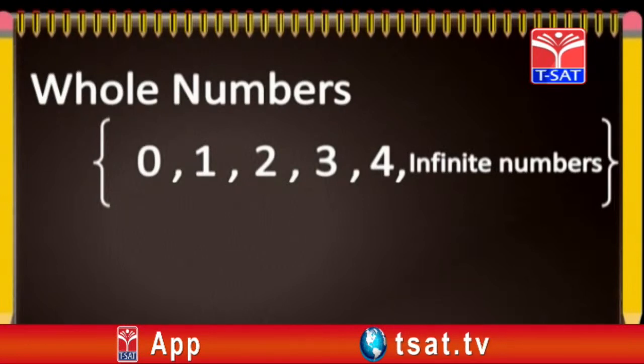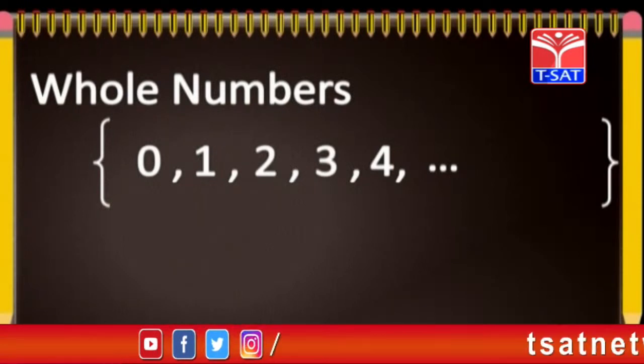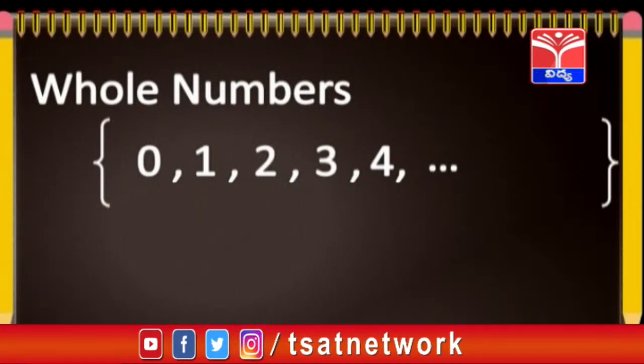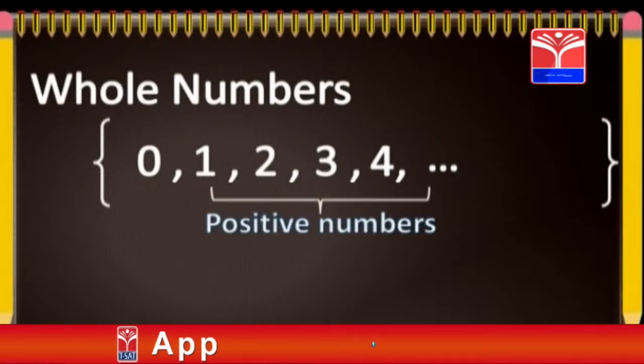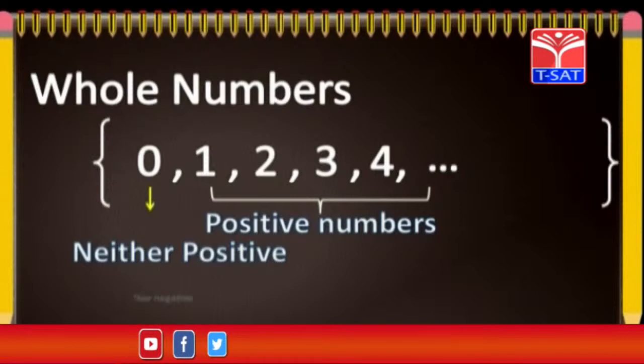And usually we don't write infinite numbers. These infinite numbers are replaced by dots. The dots represent that these numbers are continuously spreading on the right side, 0, 1, 2, 3, 4 and so on. Here 1, 2, 3, 4 and so on, these numbers are positive numbers, and 0 is neither negative nor positive.